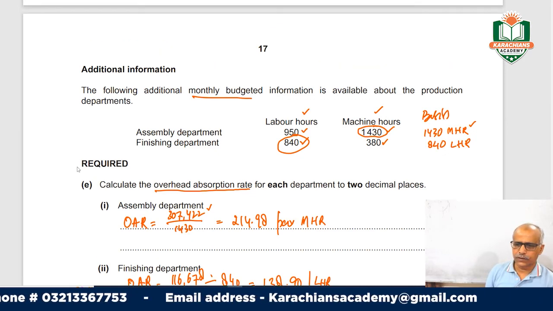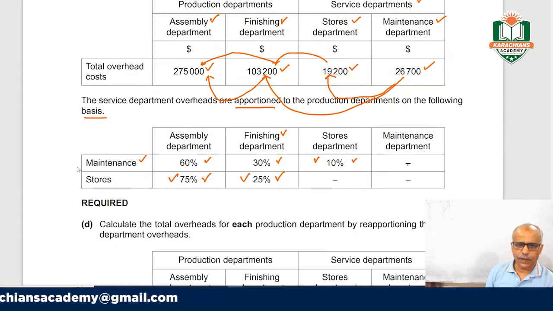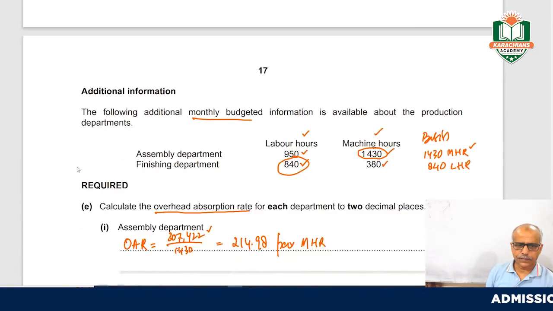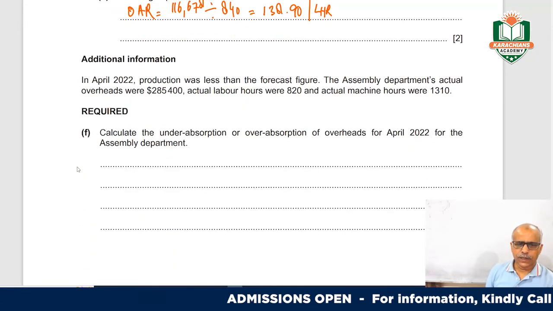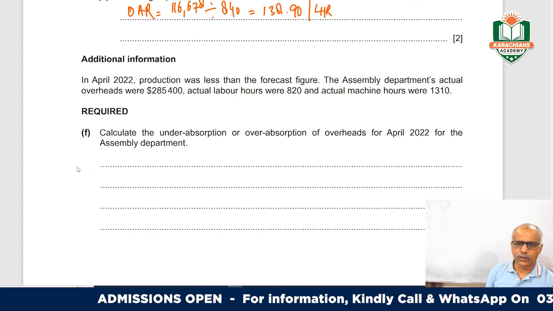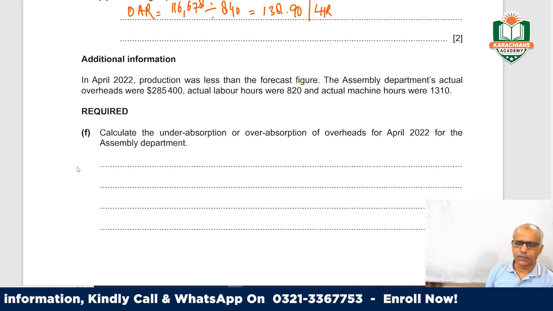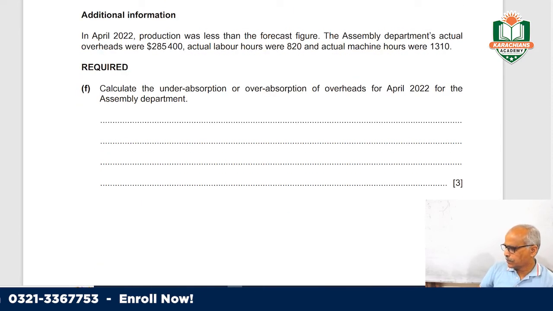So what is the next question? We have calculated this. Now calculate the under absorption and over absorption of the overhead for April 2022, for the assembly department only.